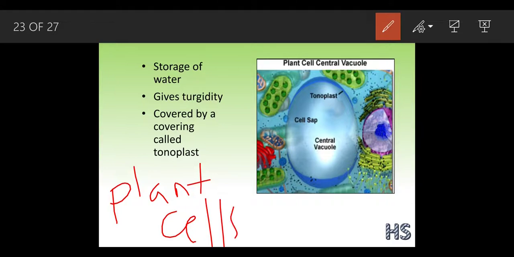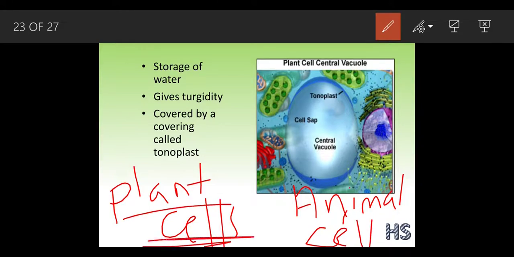Because they have to hold a lot of liquid and mineral salt so that it can be supplied to the stem and leaves. But these vacuoles are quite small in animal cells because they do not have to store up the water, but the plant's cells have to store up the water for photosynthesis also.